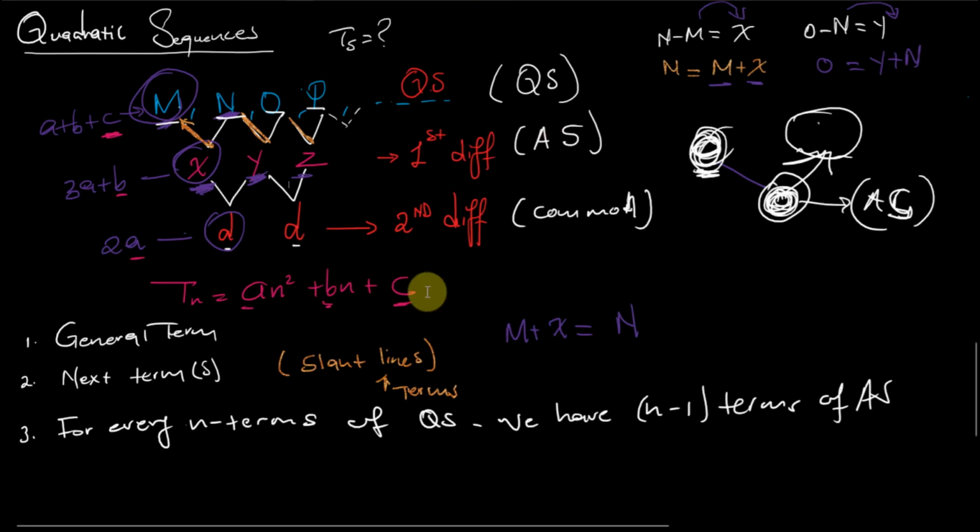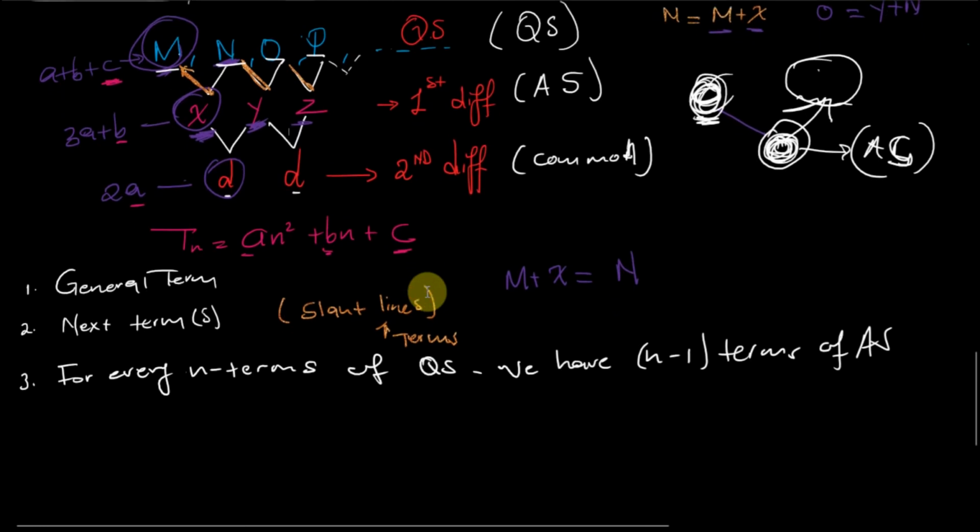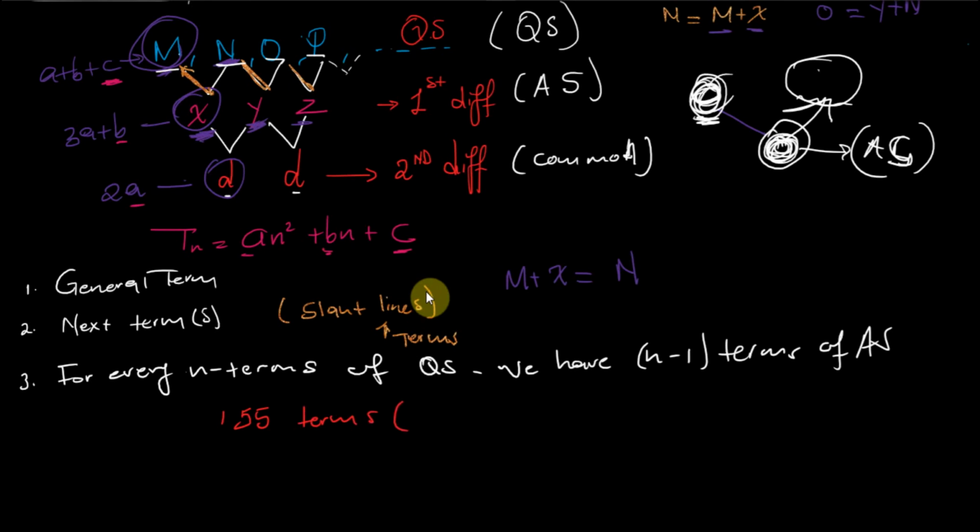It's more like they are always one less than a quadratic sequence. So if I give you a quadratic sequence and I tell you that we have maybe 155 terms, so this is a quadratic sequence, you must immediately know that we have 154 terms for an arithmetic sequence.